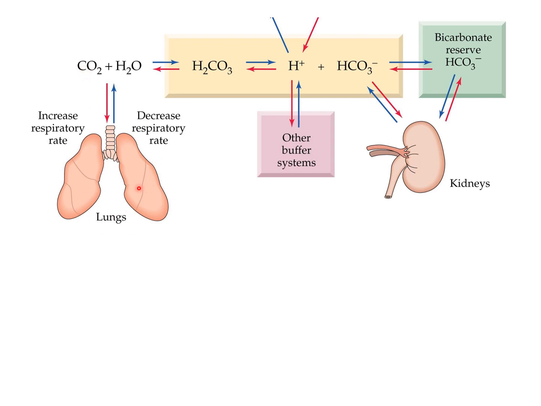And of course, when we examine our bicarbonate, the bicarbonate is mainly produced and secreted by the kidneys. So the kidneys and the lungs are the two major organs that are involved in the regulation of our buffering system in the body, particularly our bicarbonate, carbonic acid, and our carbon dioxide.